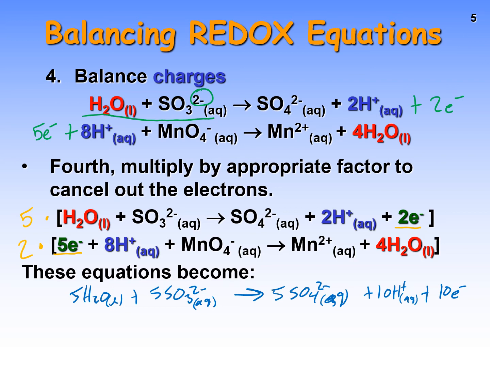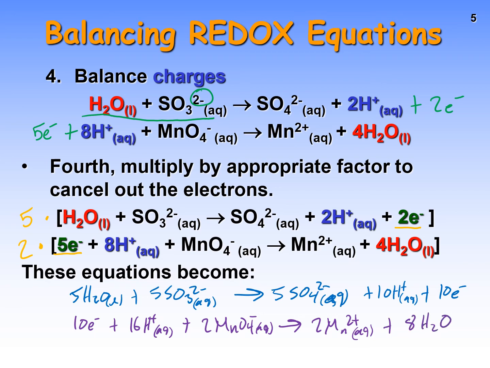The second one, I'm going to have 10 electrons plus 16H+ plus 2MnO4- goes to 2Mn2+ aqueous plus 8H2O. So that gives me these two.